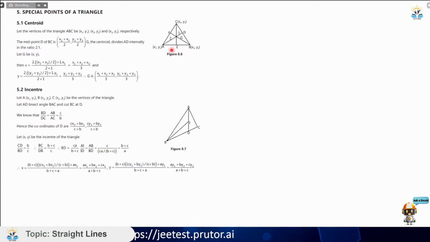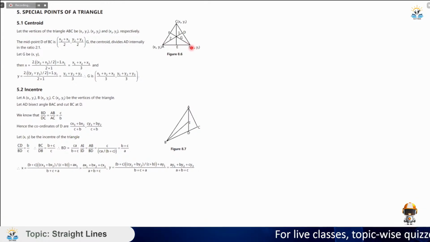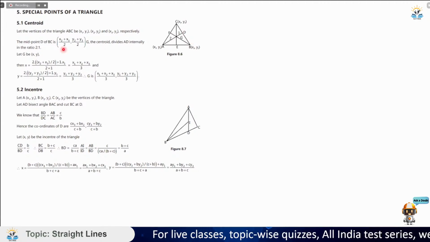When we take the midpoints, take the midpoint of AB as E, then the midpoint of CA as F, then the midpoint of BC as D. So let the vertices of triangle ABC be (x1, y1), (x2, y2), (x3, y3). The midpoint D of BC is this.